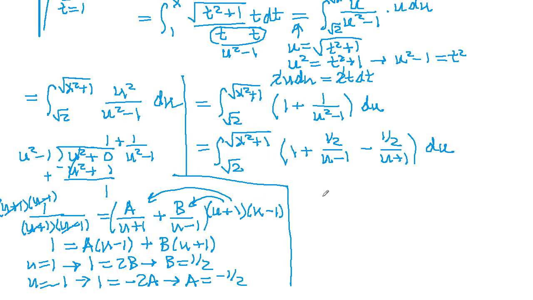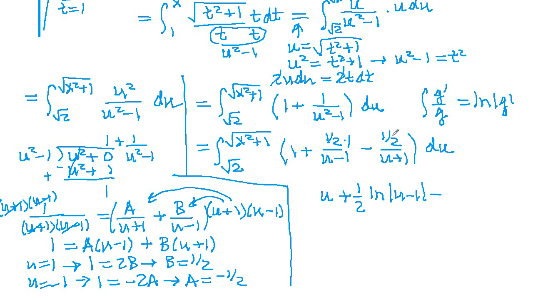So antiderivative of 1 is just u. Bring the 1/2 out in front. And then you'll have left a 1 over u minus 1. That looks like g prime over g. Antiderivative of g prime over g is natural log of g, right? If you've got g prime over g and you integrate that, you get natural log absolute value of g. So I'm going to get ln absolute value u minus 1.